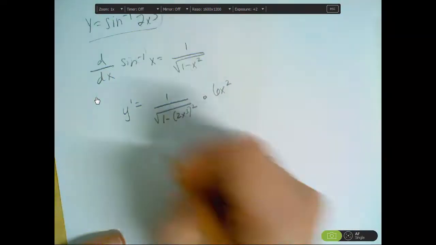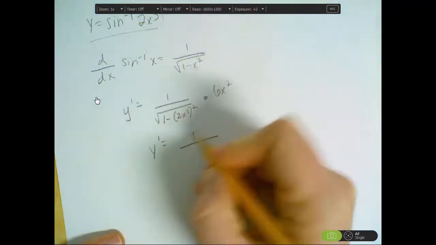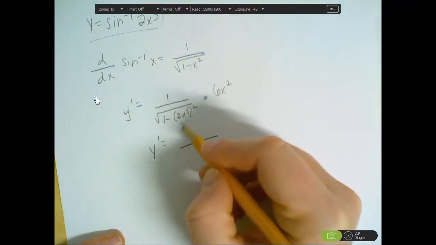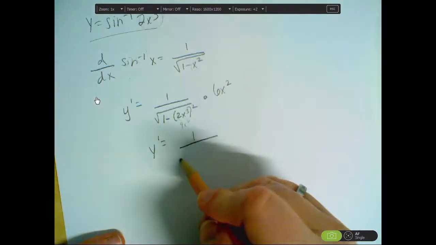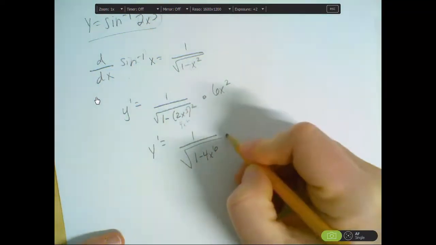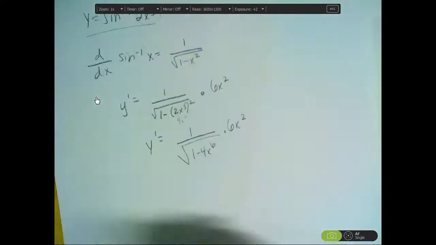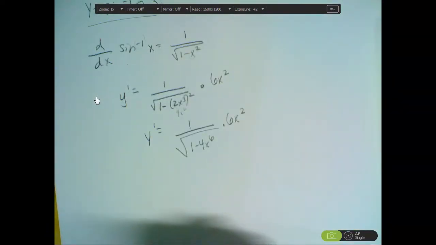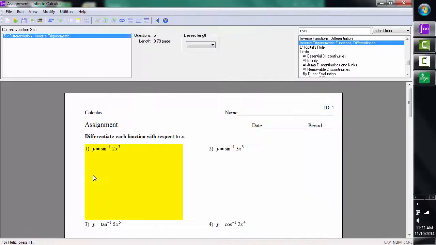And if we simplify that, this squared is 4x to the 6th. 1 minus 4x to the 6th times 6x squared. Can we simplify that? I think we can probably just leave it like that. Let's see what the answer says. 6x squared over square root of 1 minus 4x to the 6th. Perfect. Okay. That's sine.